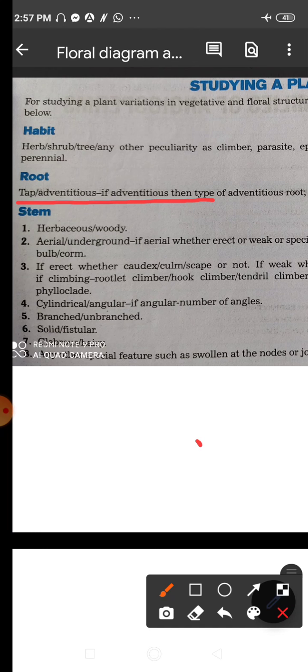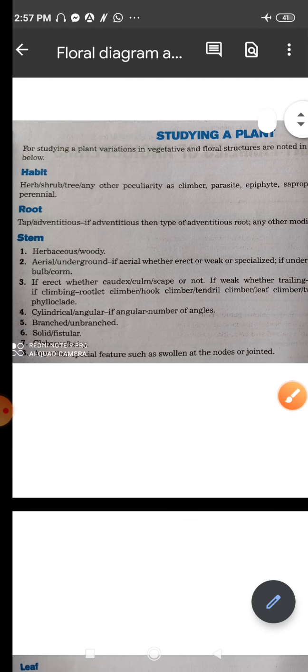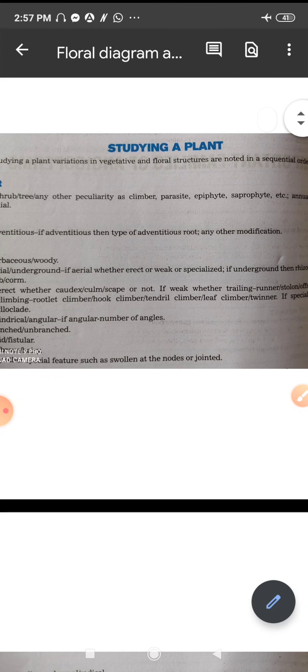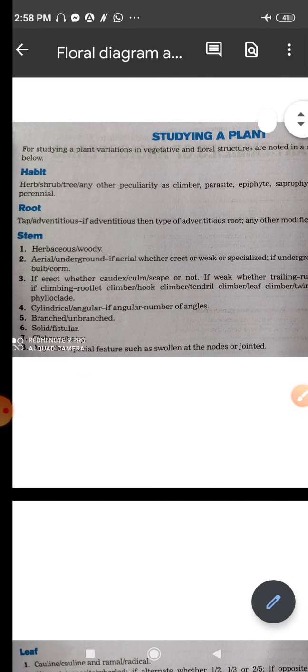So that's about the root. Now if there are certain modifications in the root, then we need to describe the type of modified root also, right? Similarly, if there is a modification in the stem, then we need to describe that modification as well, right?